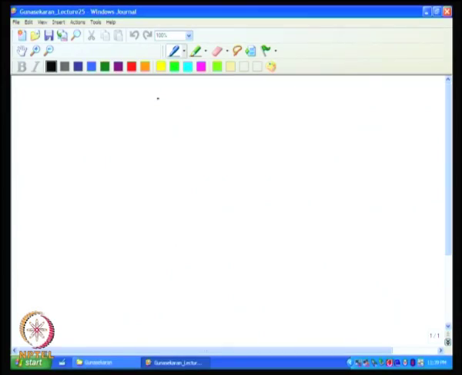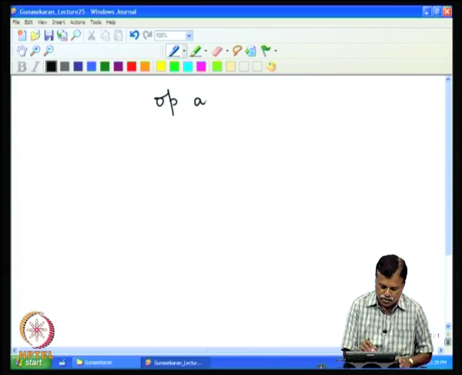So, we look at the operational amplifier errors and today's structure: errors and error budgeting.